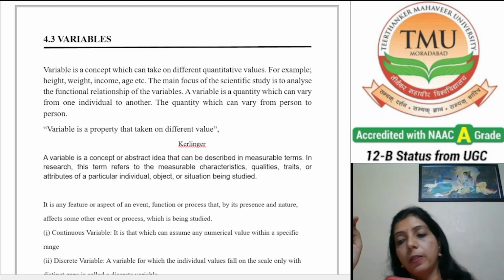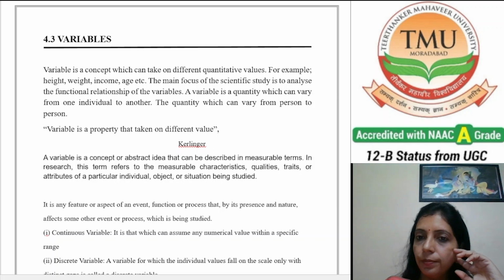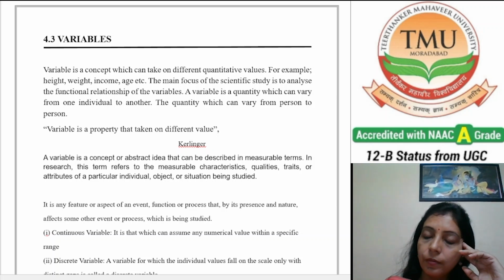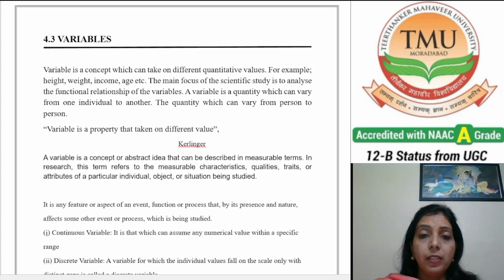Types of variables. There are many classification systems, but they describe the roles that variables play in the research study.